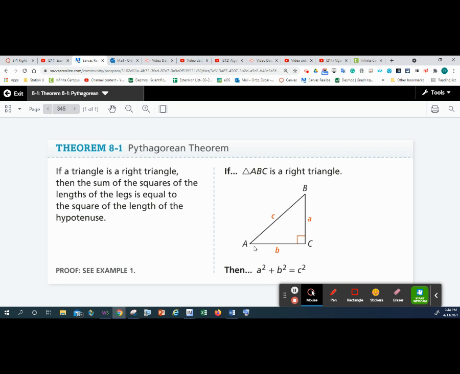And so every time you have a right triangle, you have this relationship between the lengths of the sides. But the converse is always true.